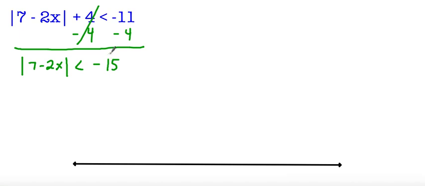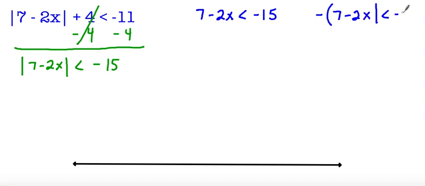So given that, we're going to do 7 minus 2x is less than negative 15, and negative times 7 minus 2x is less than negative 15. And we're going to isolate our x.